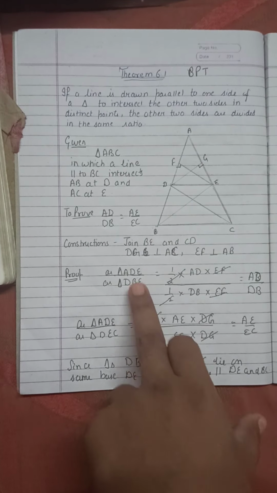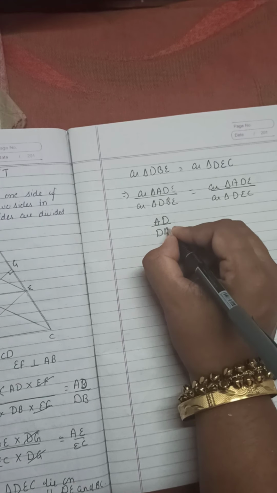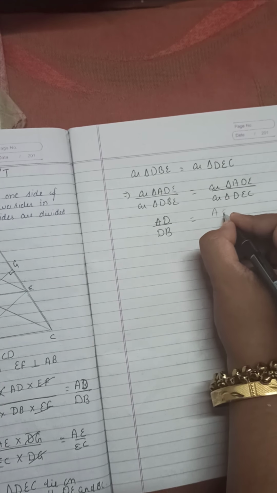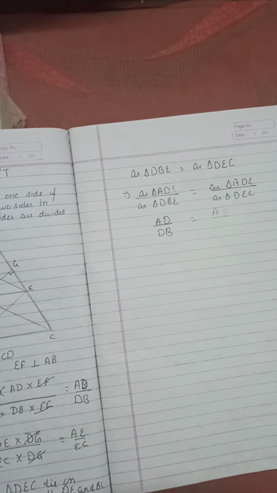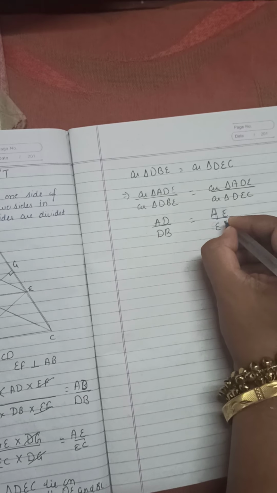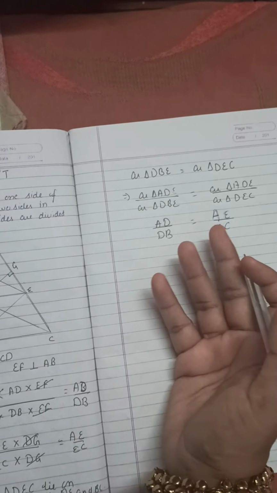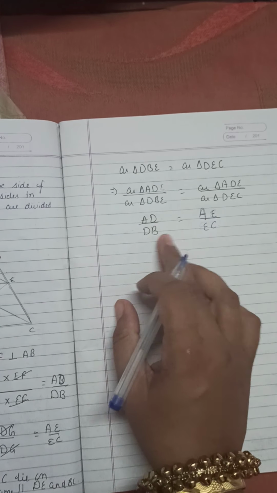If these two are equal, these must be equal. Therefore that is equal to AD upon DB, which is equal to AE upon EC. Hence we have proved that the ratios are the same.